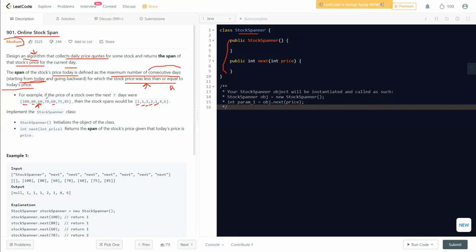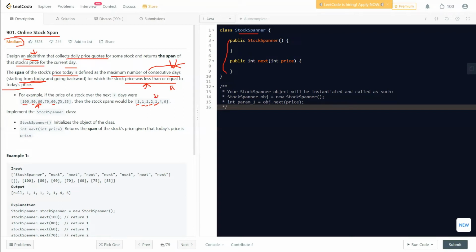So we are not looking back before 70 again to find out if there's any. We are not bothered with non-consecutive areas. If the previous element is not less than or equal to 60, we're not bothered to go beyond that, right? That's important because we are supposed to check for consecutive elements, and that's why it is a one.